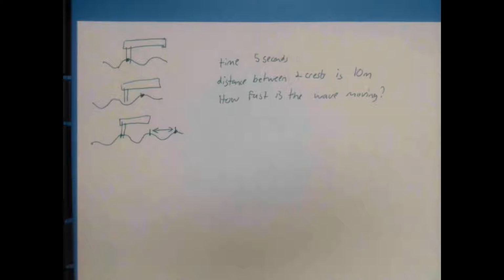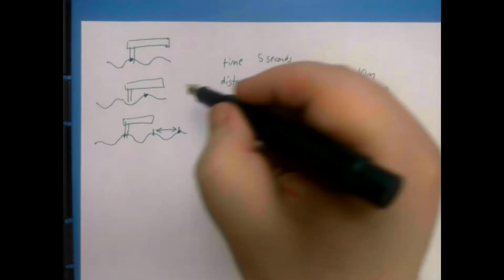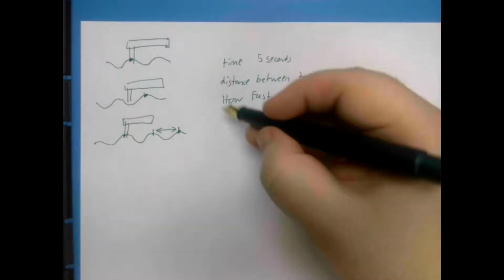Anyone else get something different? Yeah, I get how to solve it. So the time it takes for this crest to reappear, we're seeing basically one crest every 5 seconds. We can factor this out.